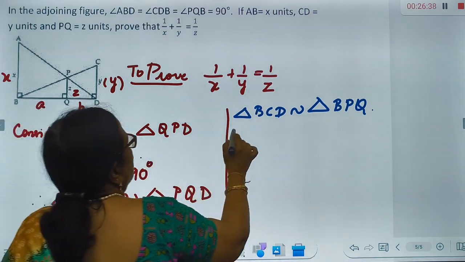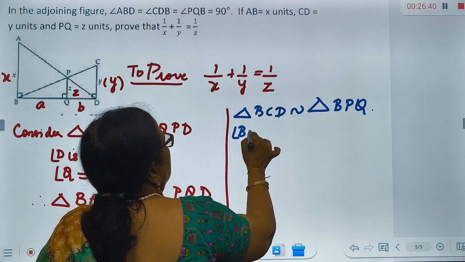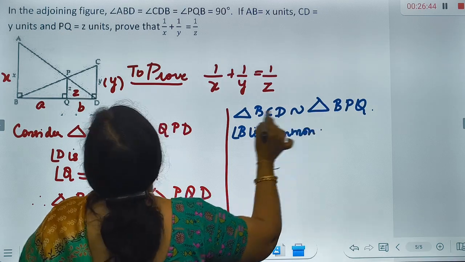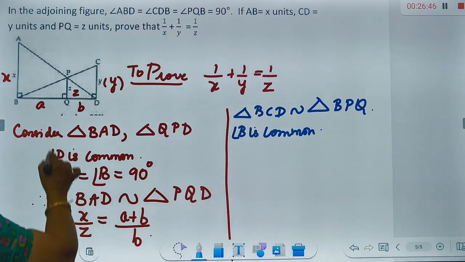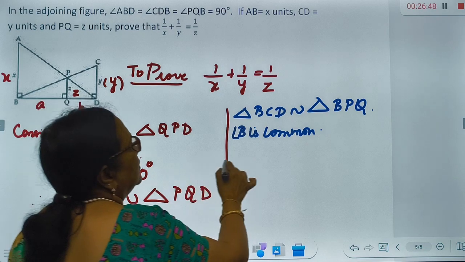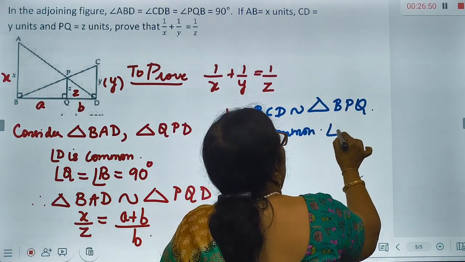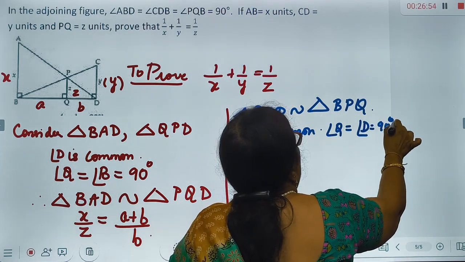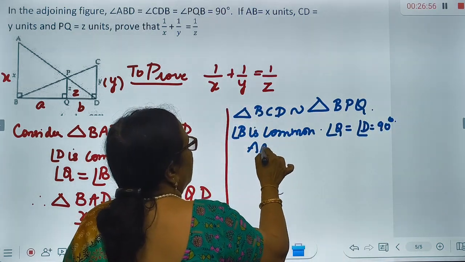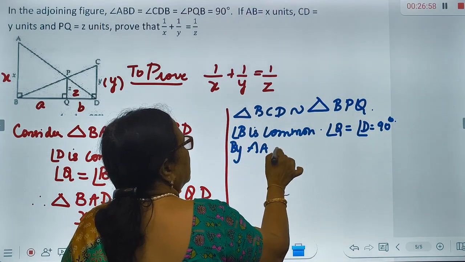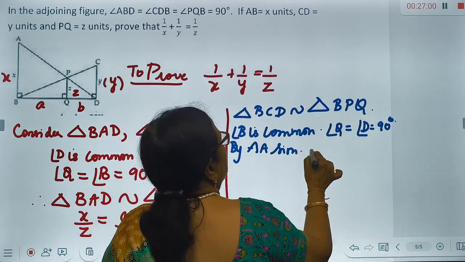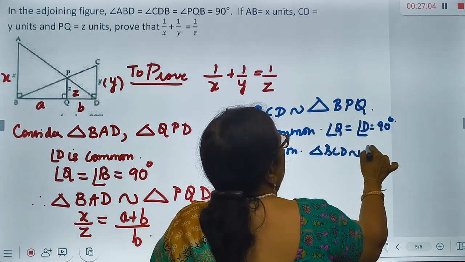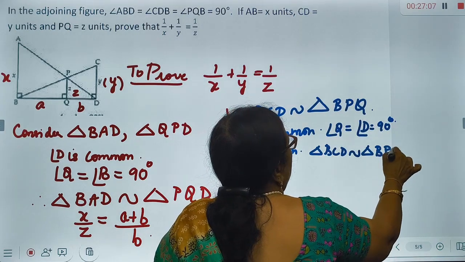Because two angles: angle B is common, and angle Q equal to angle D, equal to 90 degrees. So by AA similarity, triangle BCD is similar to triangle BPQ.